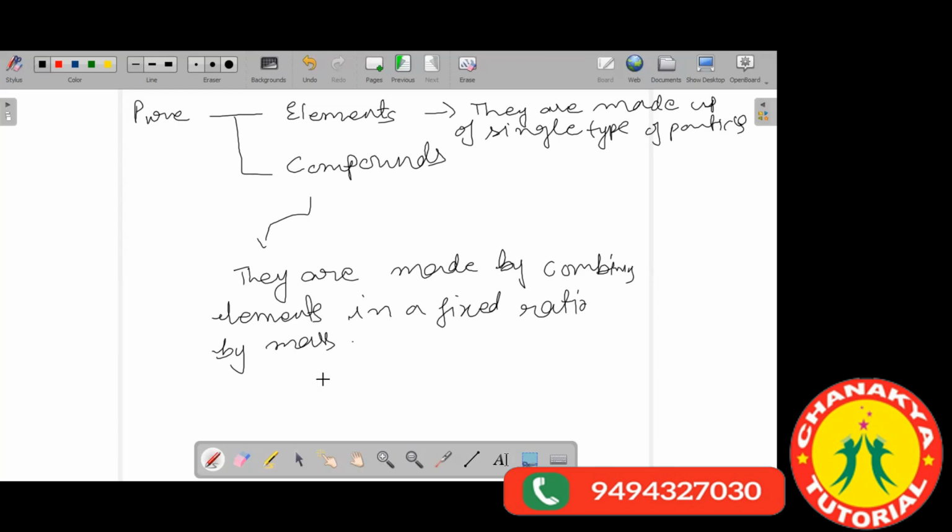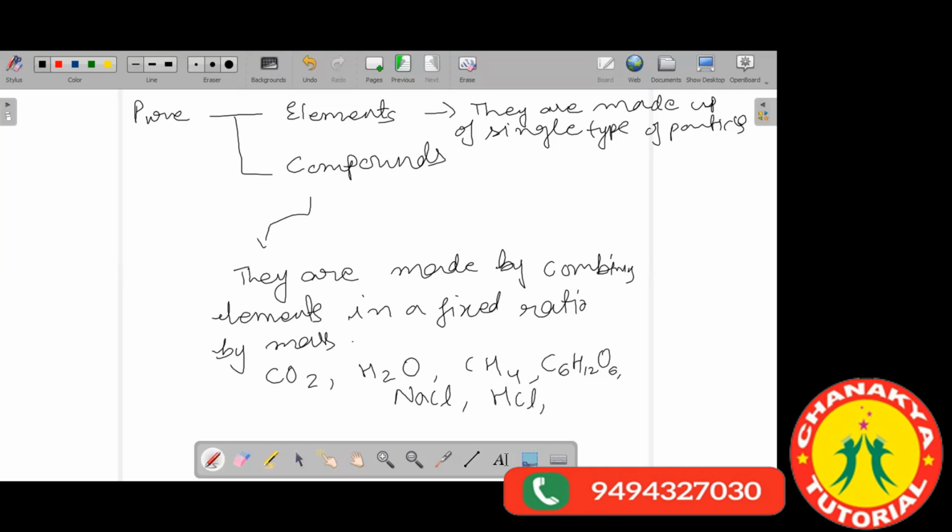For example, the examples of compounds are carbon dioxide, H2O, CH4, all of these, sugar, glucose, C6H12O6, which is glucose, salt, NaCl, acid, HCl.